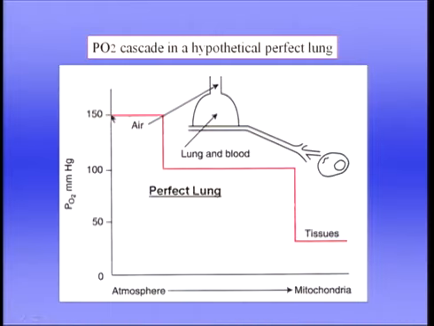the PO2 of the inspired gas is 150 millimeters of mercury. That's what we're faced with in our environment. Now, just very briefly, you recall how we calculated that. The barometric pressure is 760 at sea level, and we have to subtract the water vapor partial pressure, which is 47 millimeters of mercury at 37 degrees Celsius.